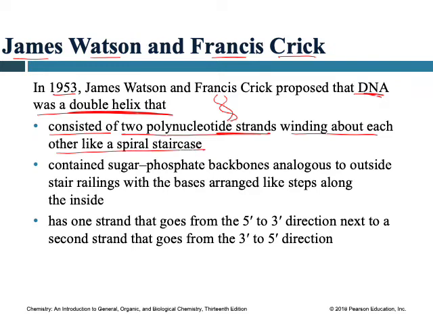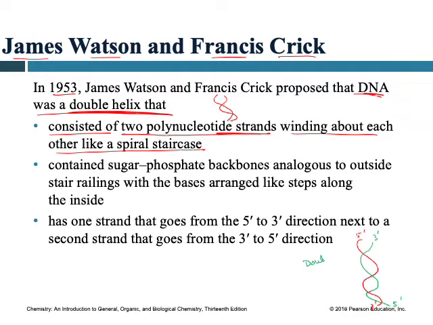What does it mean? So this is your one polynucleotide, right? This is the 5 prime end, this is the 3 prime end, because this is a polynucleotide, and this is a second polynucleotide, right? So this is the 3 prime end, this is the 5 prime end. So DNA is a double helical structure.